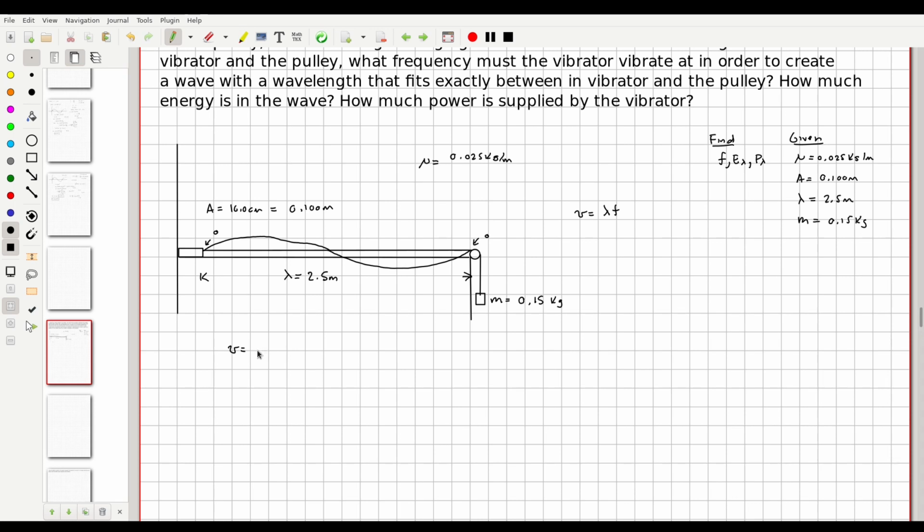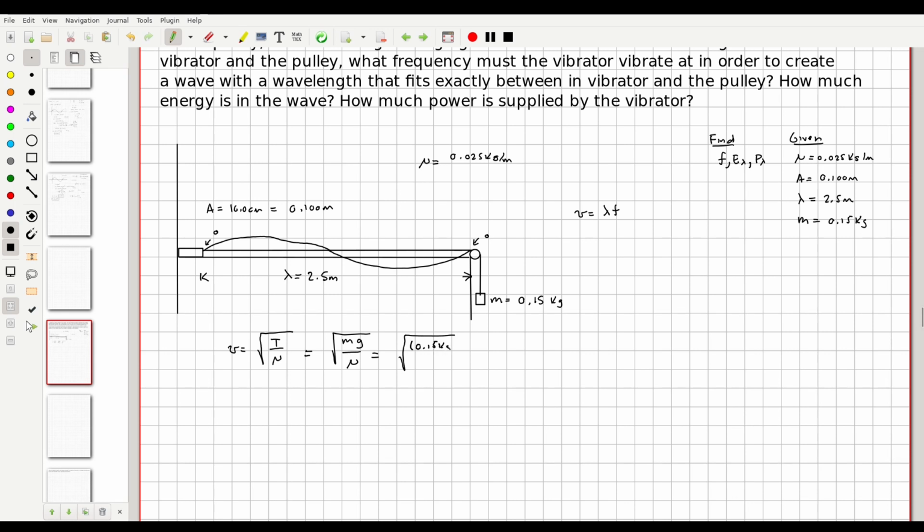If you go back and look at the previous video, that's the square root of the tension in the string divided by the mass density along the string. The tension comes from this mass hanging off the end, so this is going to be the square root of mg over mu.